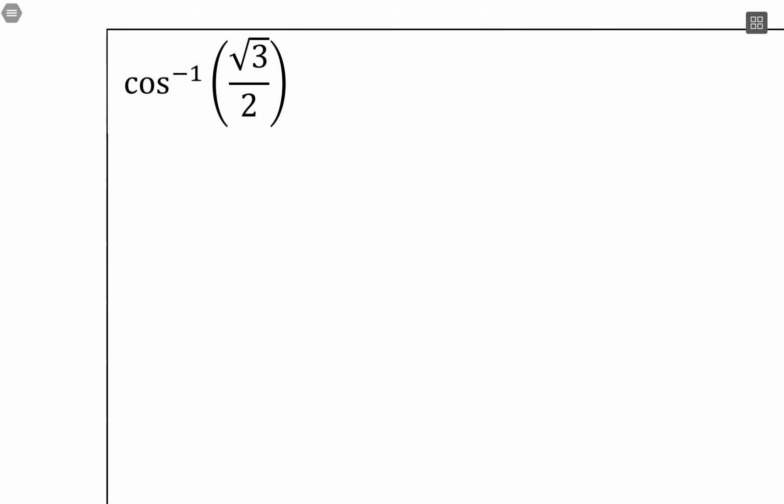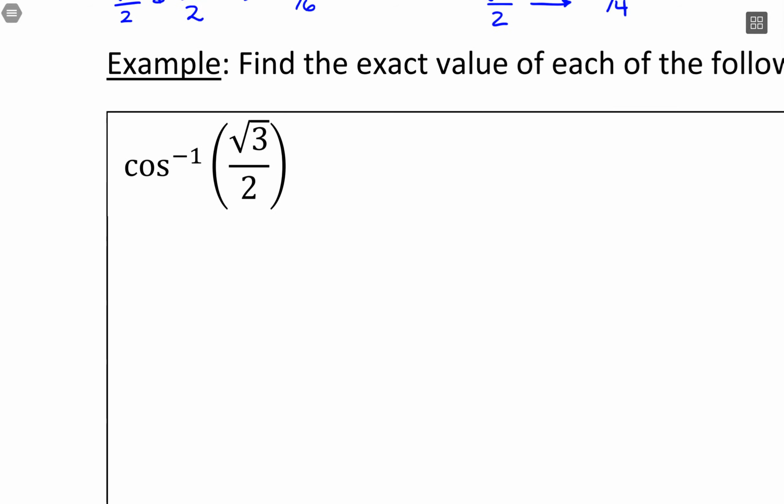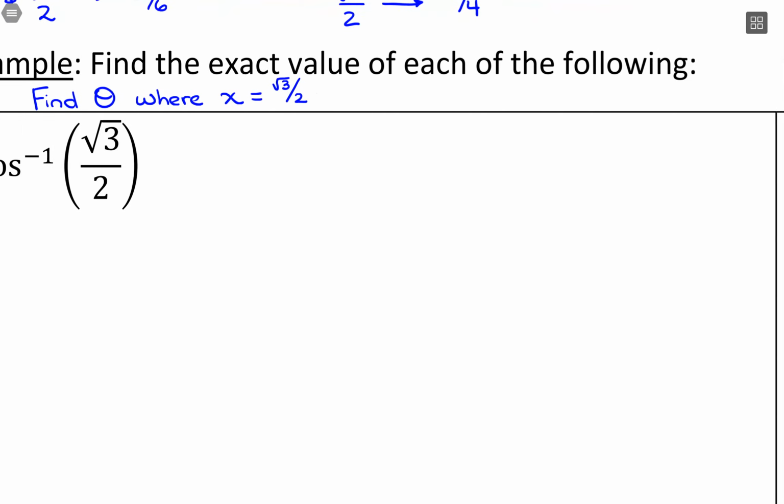Actually, sorry, let me write in wording what we're looking for here. We're looking for an angle measurement, so we're trying to find an angle where this is our x coordinate. So x is equal to √3/2. With that, I can start to get a visual going.